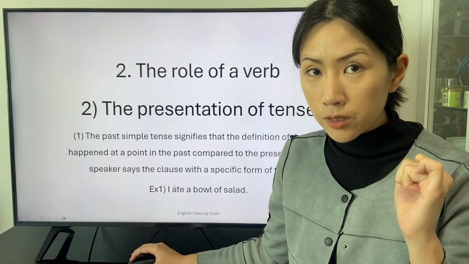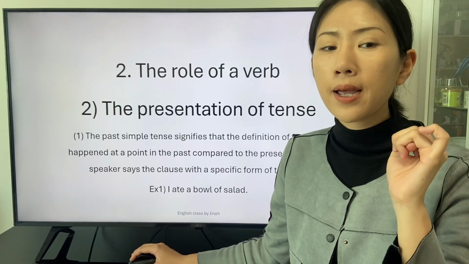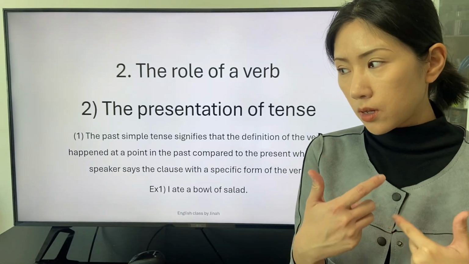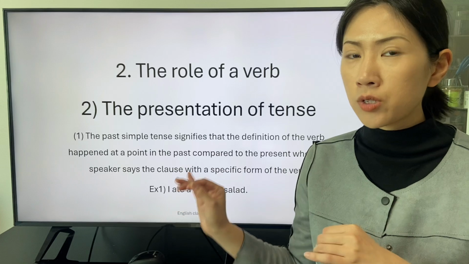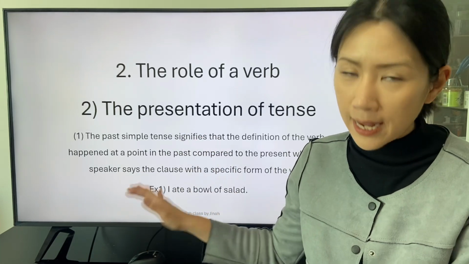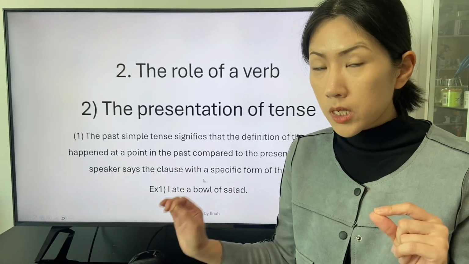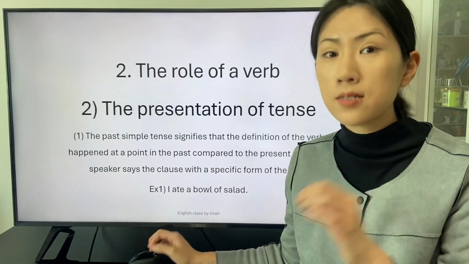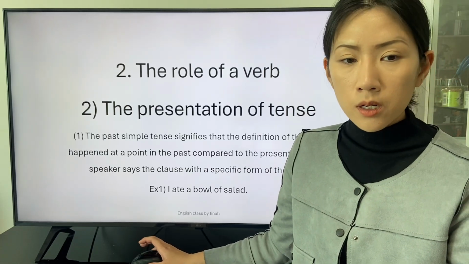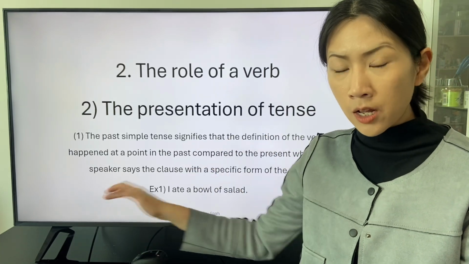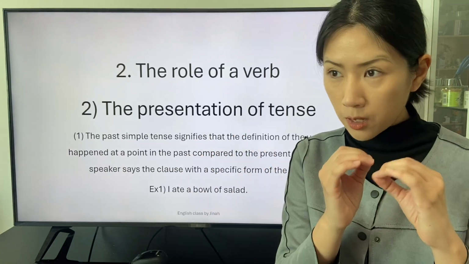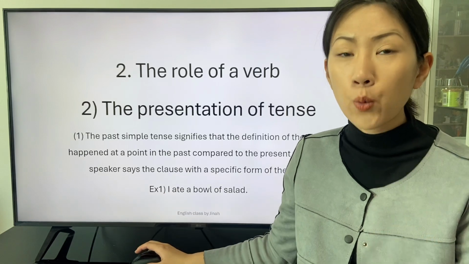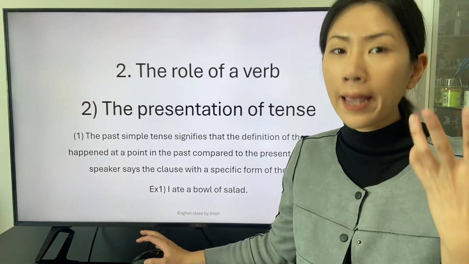There is a transitive verb, ate, whose form is converted to fit into the past simple tense, because the original form of the verb in the present tense is eat. We can notice that this clause describes the past action of the speaker with the form of the verb ate.